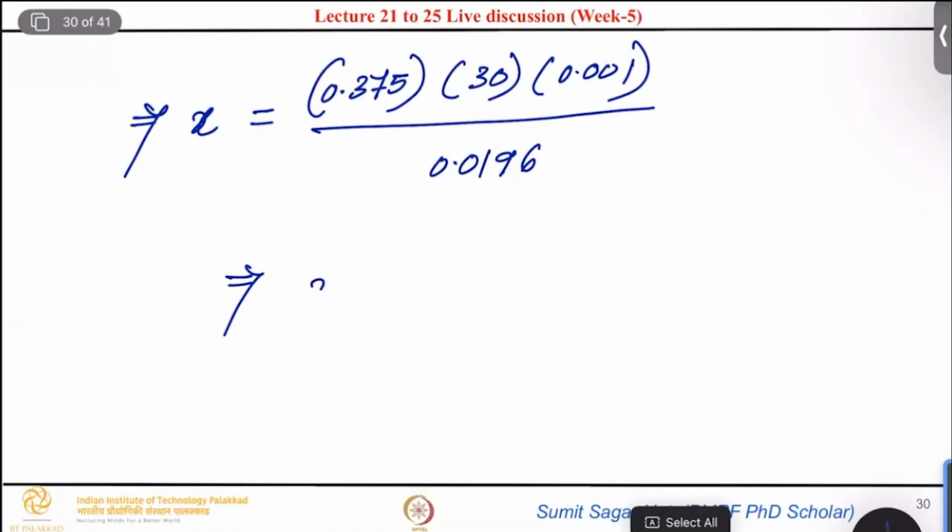And this value comes out to be 0.574 meter.